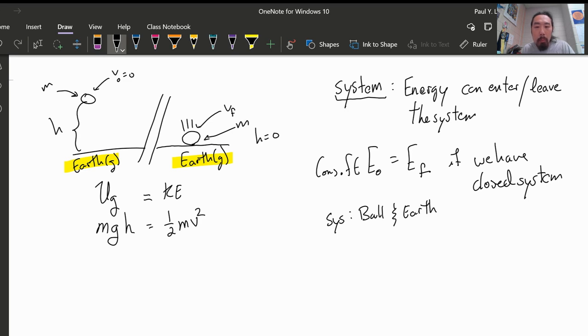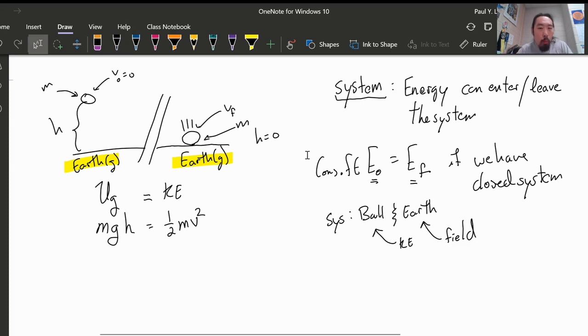So we have a ball-Earth system. What that tells us is that the energy initial, or UG, will still be in the system with KE. So just to give you an idea, the ball will gain kinetic energy. And where did that kinetic energy come from? Well, it came from the Earth's gravitational field. So that's what we call a closed system. Energy can't enter, energy can't leave the system.